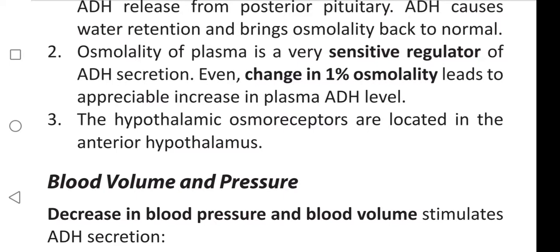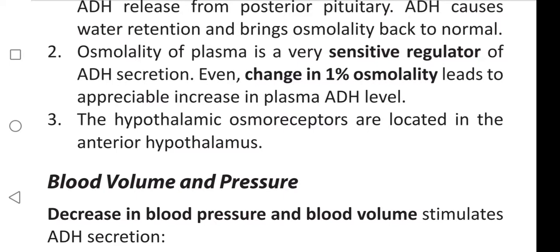Which is a very sensitive regulator of antidiuretic hormone secretion? Osmolality of plasma. Even a change of 1% in osmolality leads to an appreciable increase in plasma antidiuretic hormone level.